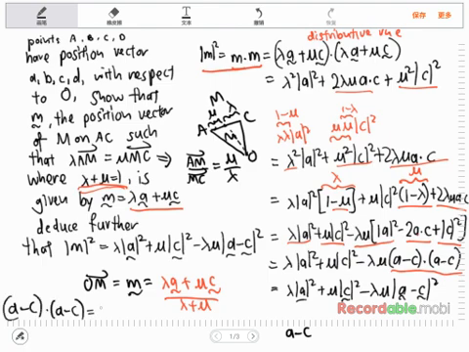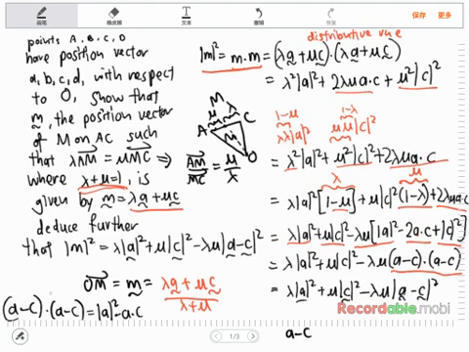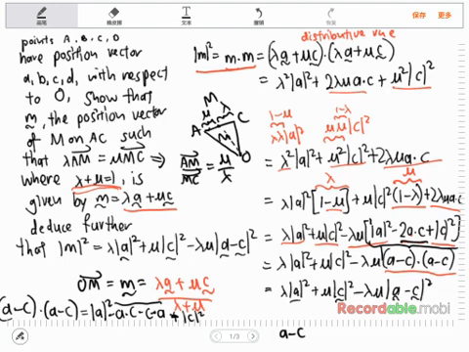If you do the distributive rule, a dot a is mod a square, then minus a dot c, then minus c dot a, which by the dot product property c dot a equals a dot c, you can switch around. Then minus c dot minus c is plus mod c square, because minus times minus is plus and c dot c is mod c square. So minus a dot c minus a dot c is minus 2a dot c, which is here, right? So I'm factorizing this part into this thing.